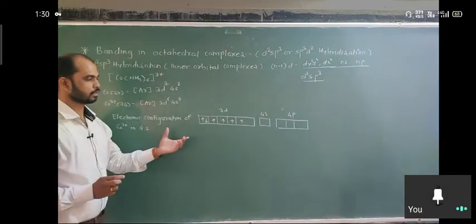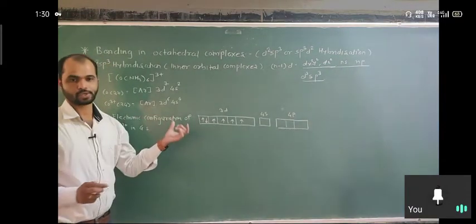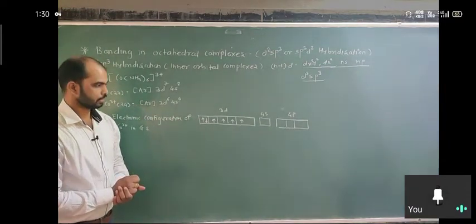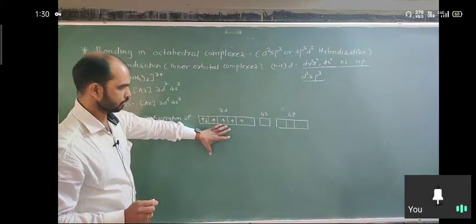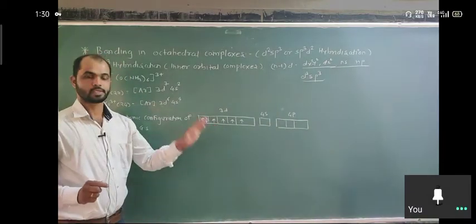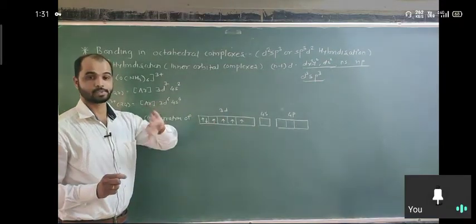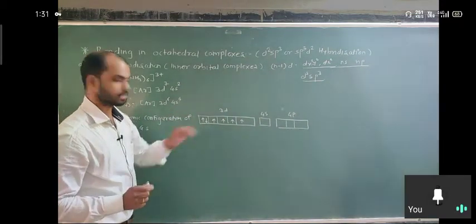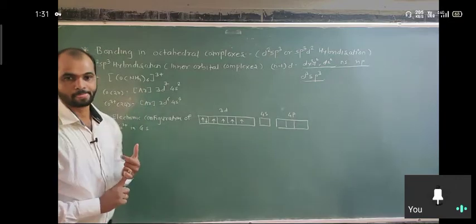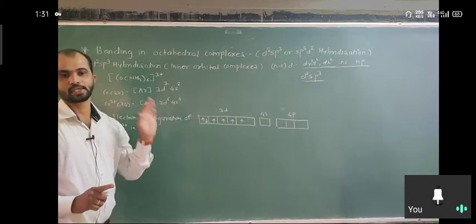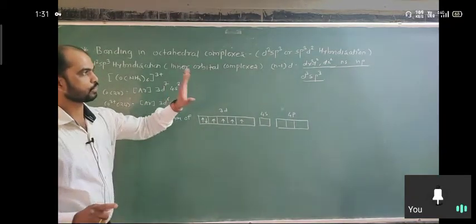Once we write the electronic configuration in the ground state, we observe whether d2sp3 or sp3d2 is possible. Are two d orbitals empty? If yes, then it undergoes d2sp3 hybridization.